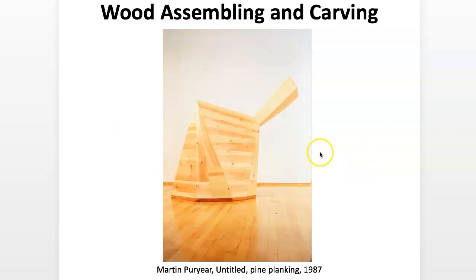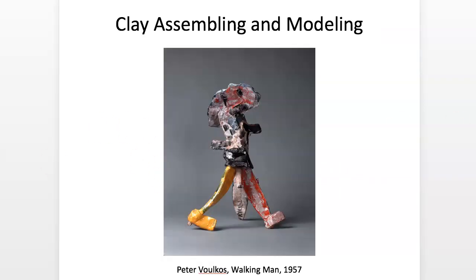Now, you can't model wood, but you can model clay and assemble clay. So this is an example of a material that has a lot of plasticity to it, right? You can move it and shape it. In contrast to the reductiveness of carving, so you have so far in our methodologies, reduction in carving, wood is additive, so there's subtractive and additive.